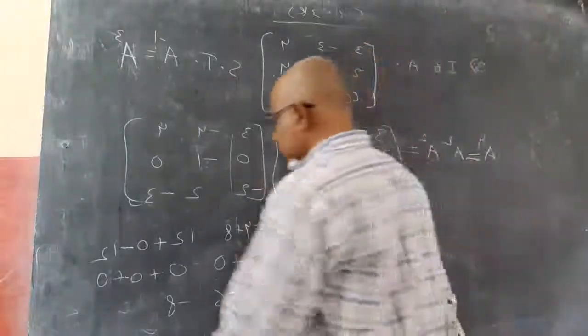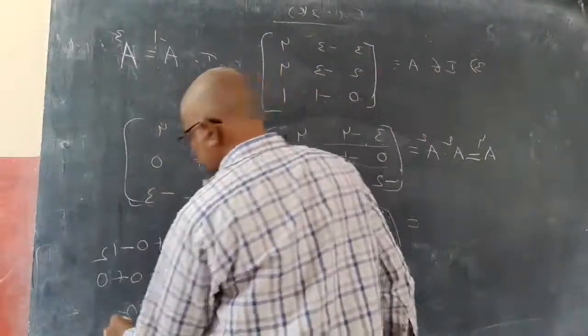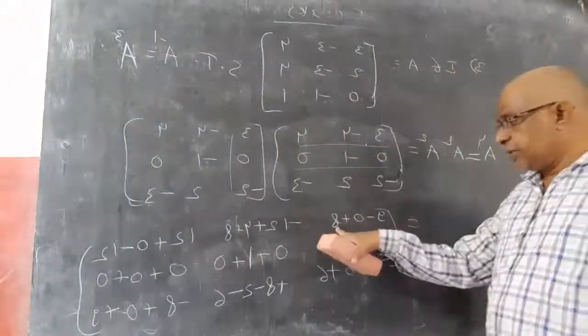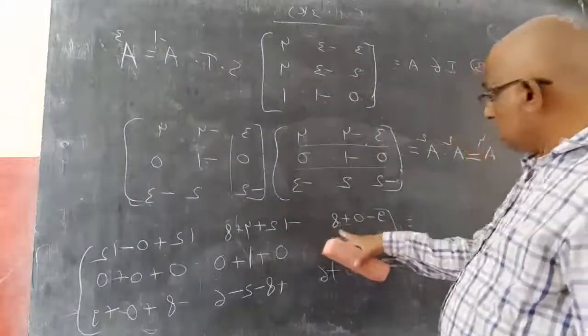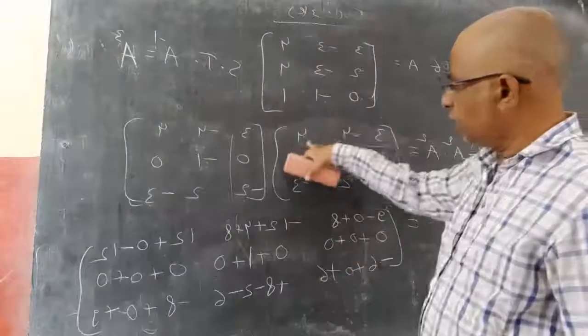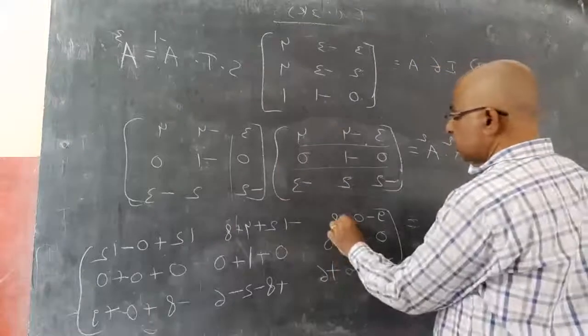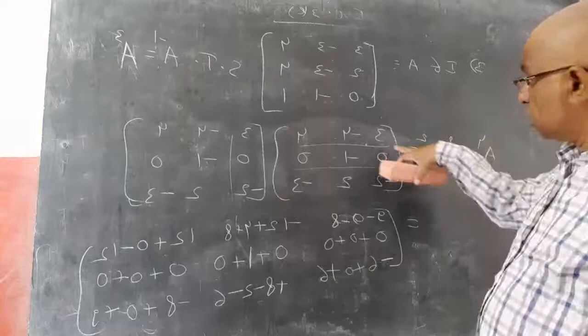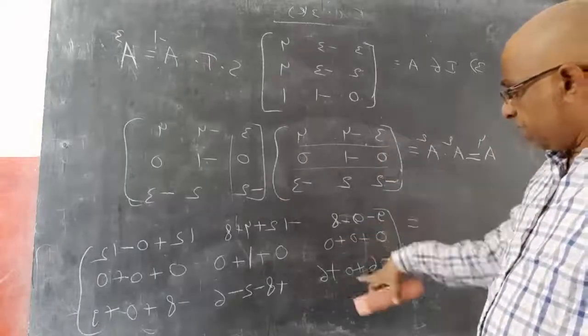Next plus 0 plus 9. So what we got finally? This is 9 minus 9. This is minus 2 into 4 into minus 2 minus 8. Yeah. Now is there any more mistake? No. So this is 9 minus 8 is 1.